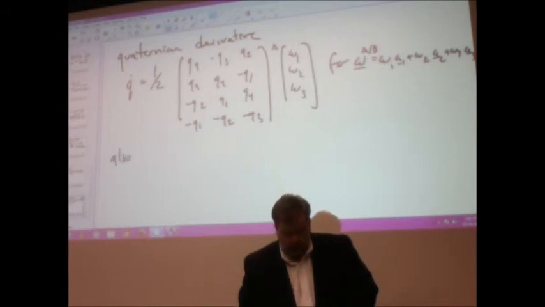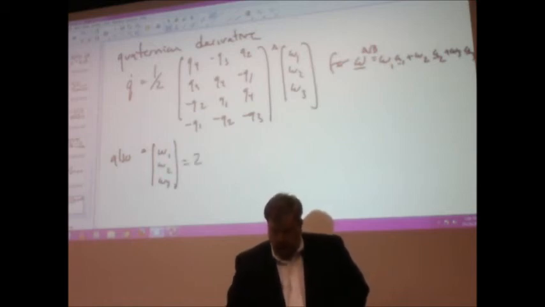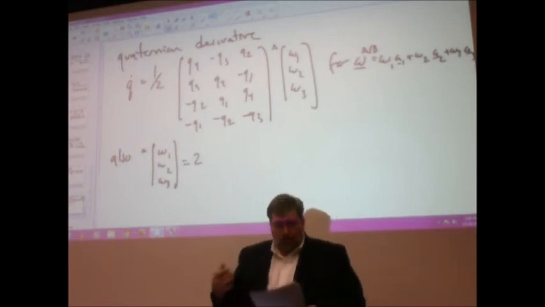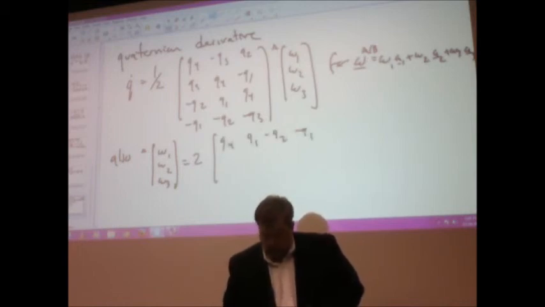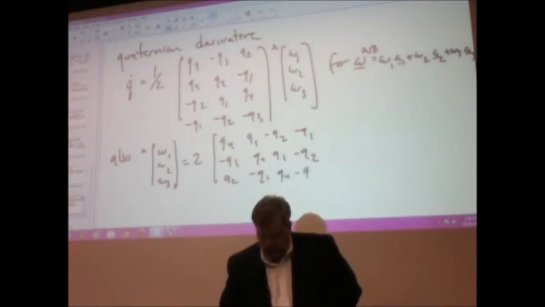Also, we could invert this, which is awfully nice. Unlike the case of Euler angles, you can always write this down because there's a linear relationship among all these things. We haven't got nonlinear cosines and whatever of the angles showing up. So this is just Q4, Q3, Q2, Q1, minus Q3, Q4, Q1, Q2, Q2, Q1, Q4, Q3.